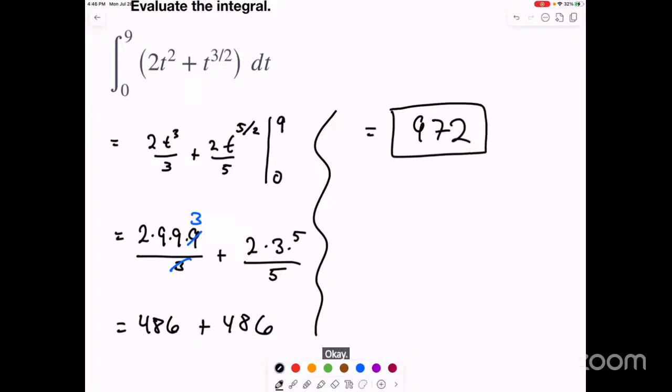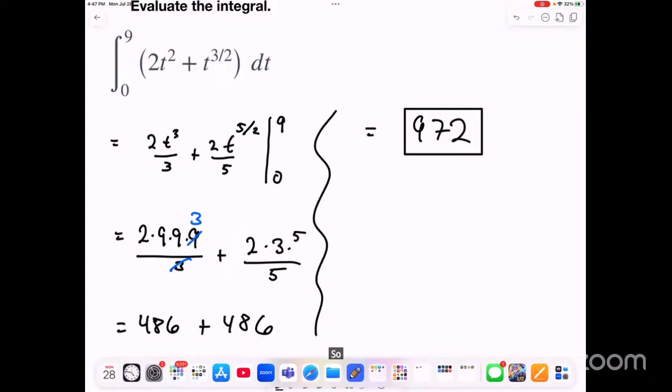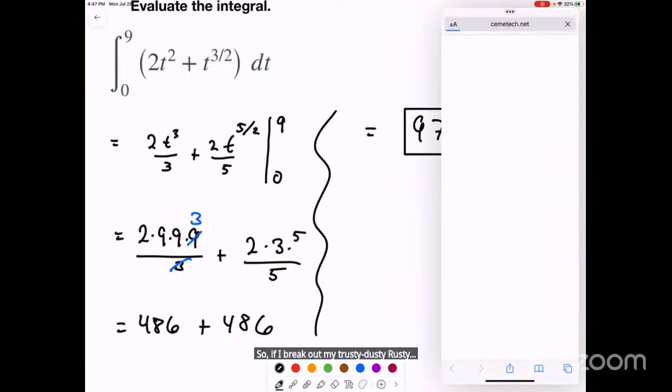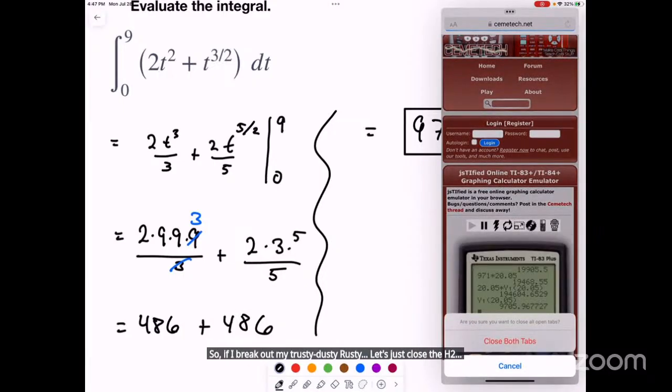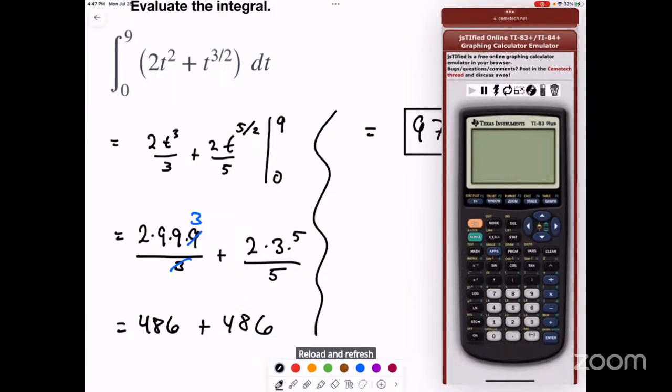Okay. So then, we have a way that we can actually check this. If I break out my trusty dusty rusty calculator, let's close these tabs. Okay, reload and refresh. I'm going to go to my y equals.